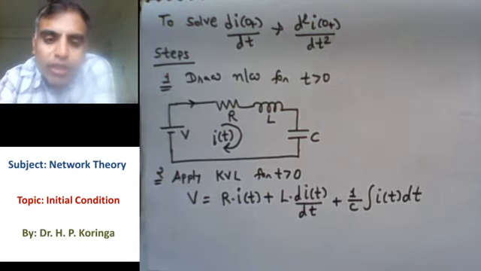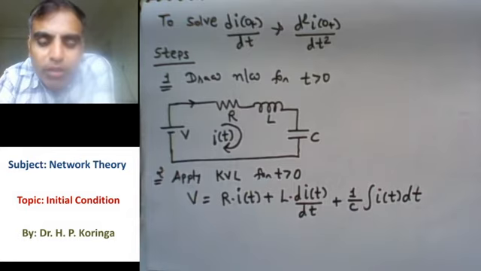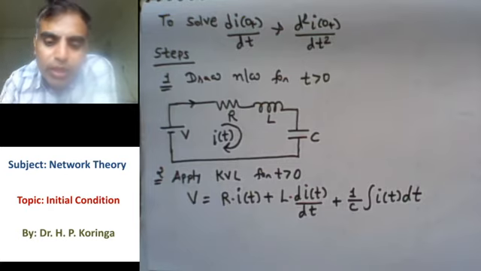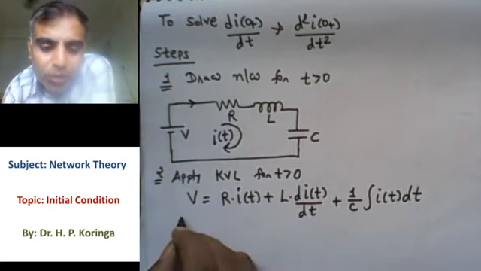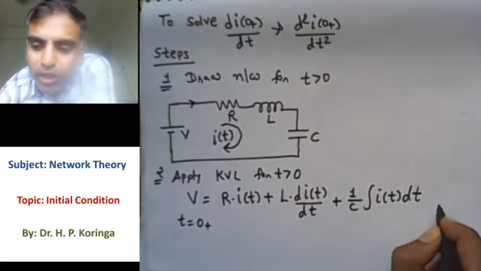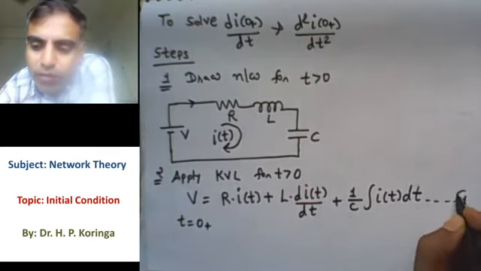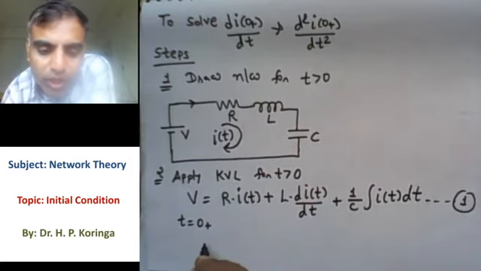So voltage across R using Ohm's law is R into I of t. Voltage across L is L di by dt. And voltage across the capacitor is 1 upon C integration of I of t dt. Now our interest is to find out at t 0 plus. So let's substitute in this equation, which I call equation 1, t is equal to 0 plus.